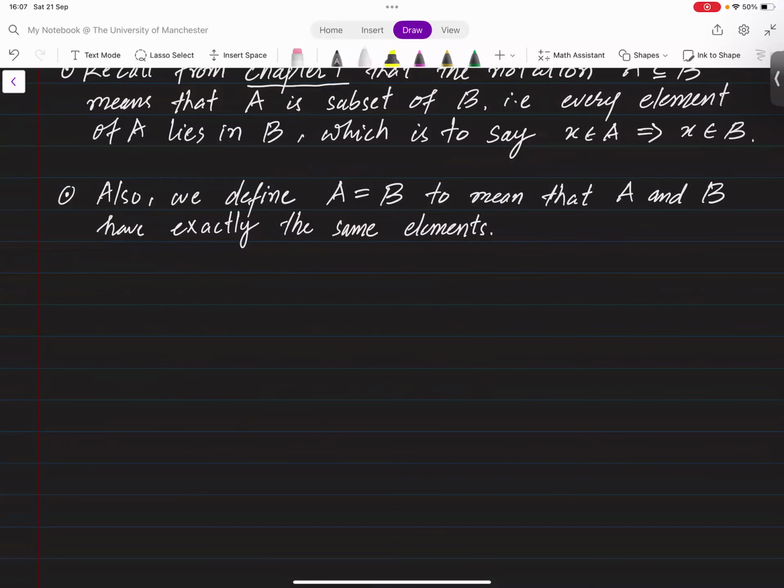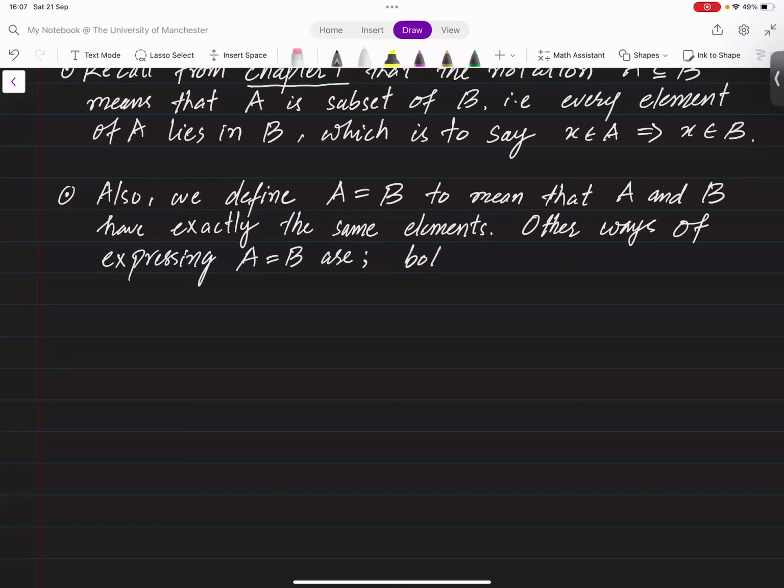Now, other ways of expressing the equality of two sets are that we say both A is a subset of B and B is a subset of A, or we say that X is in A if and only if X is in B.